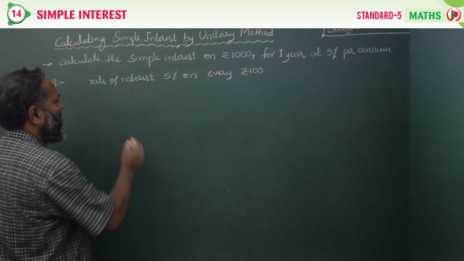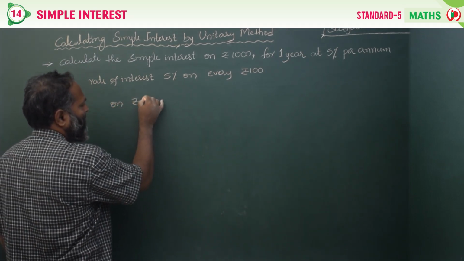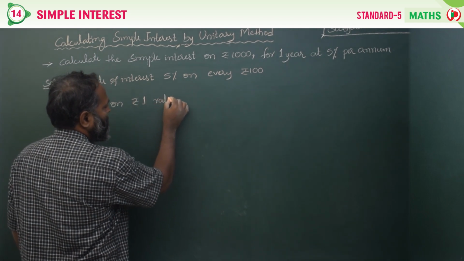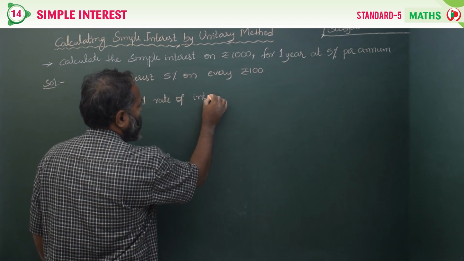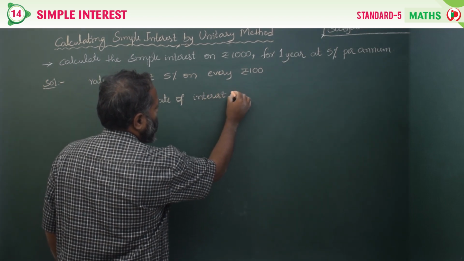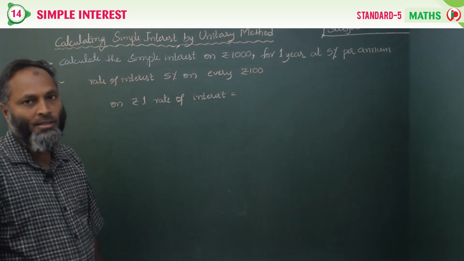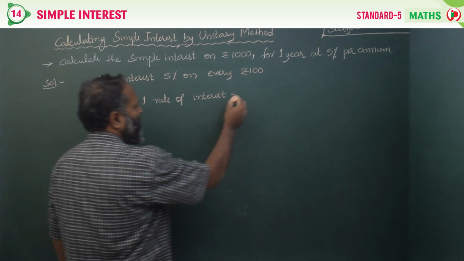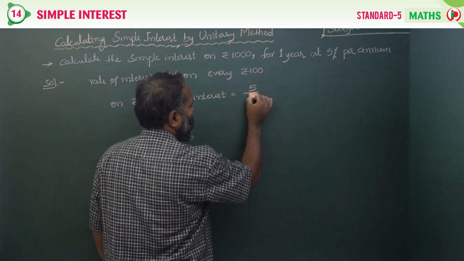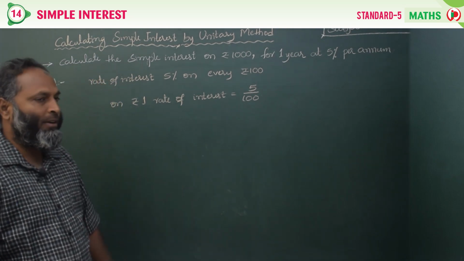On 1 rupee, we should find the interest. On 1 rupee, how much? That is 5 by 100. So, 5% is 5 by 100.